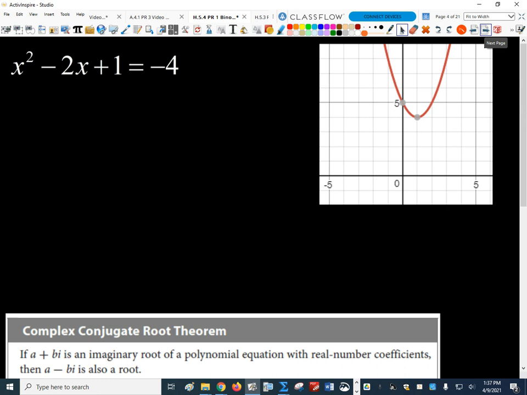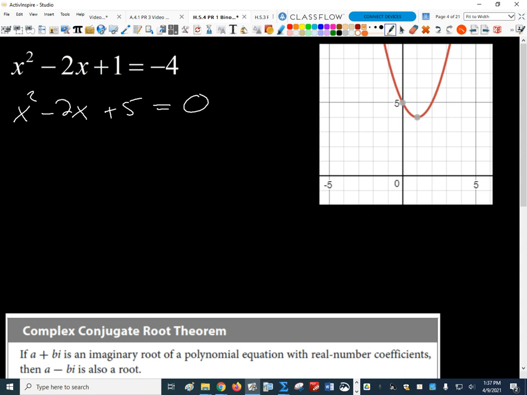What about this one? Same kind of thing. I could push the 4 over to the other side and get x squared minus 2x plus 5 equals 0. Put it in standard form. Does that factor? Do magic numbers exist that multiply to 5 and add to negative 2? No. So we have to use something else.